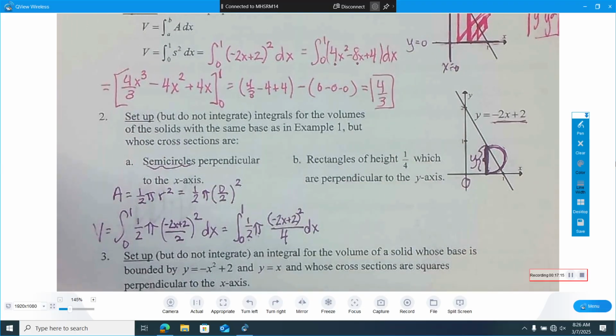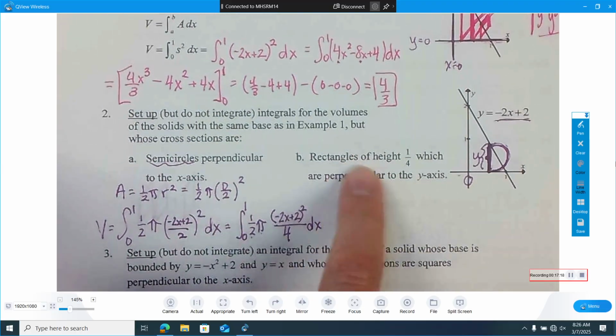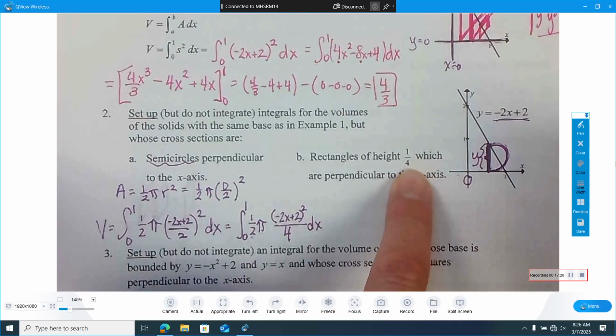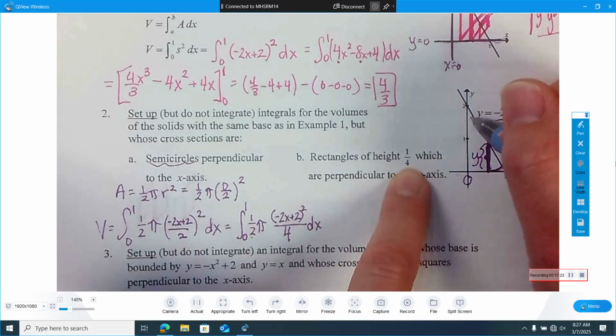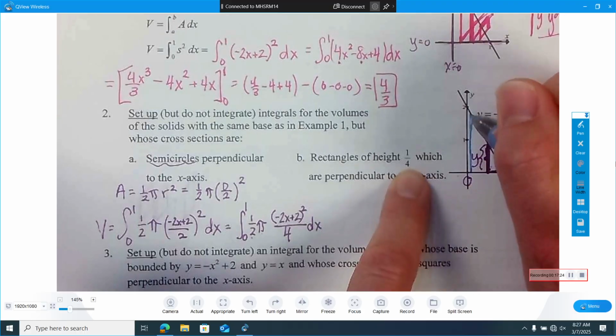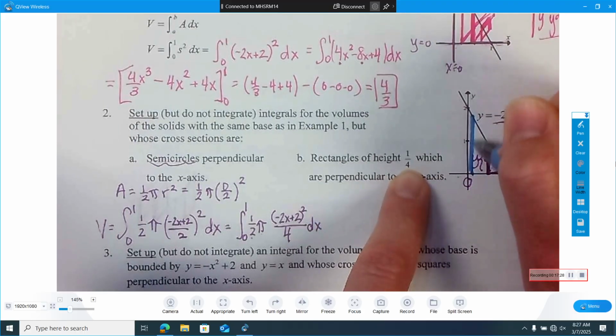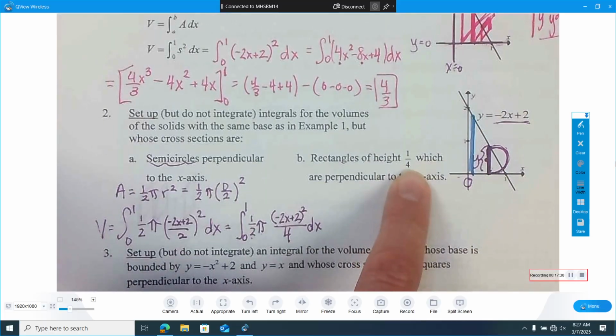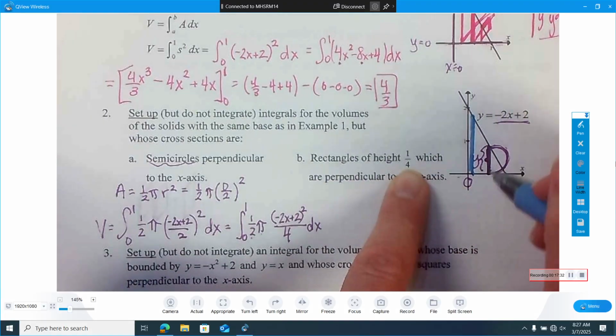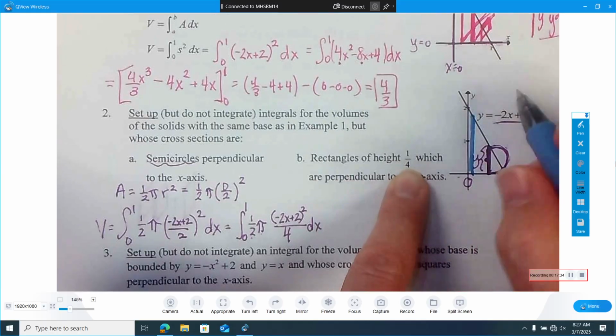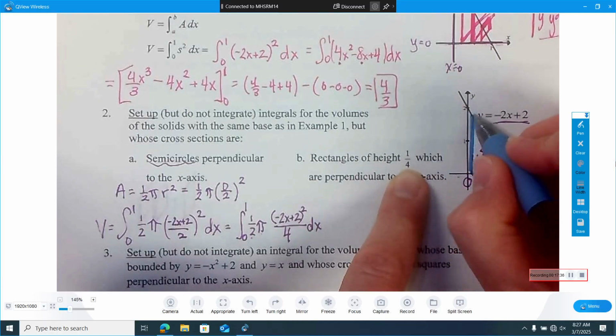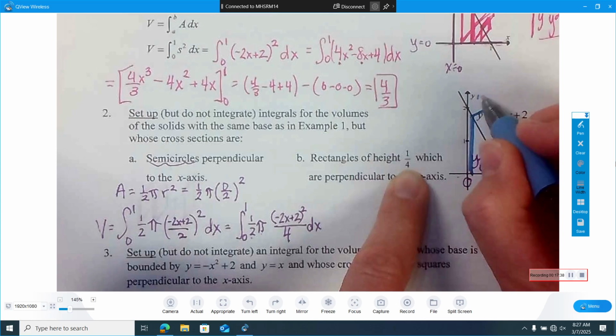All right, let's look at another one here. We have rectangles of height 1/4. Interesting. So what I have now is this shape here. Here's essentially the base of my rectangle. Again, that's y. But then it's only going to come up 1/4.